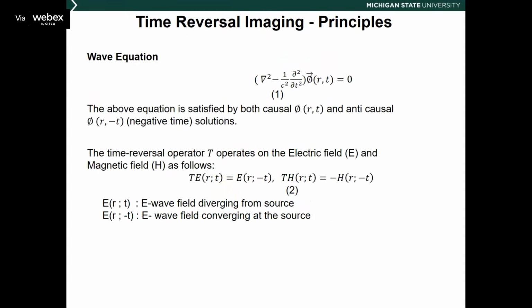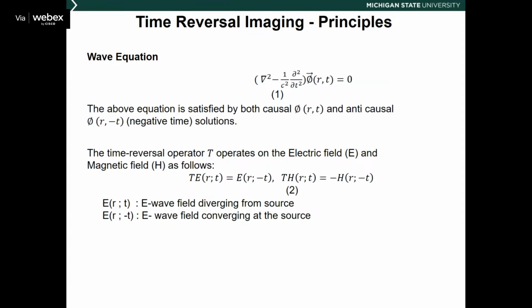The principle of time reversal, I just discussed in the previous module. If you look at the wave equation, in general, the phi term here can be either electromagnetic or ultrasonic, depending on what physical quantities you're looking at, so it can be a general term.